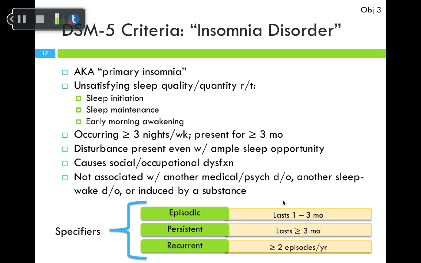They'll say that the disturbance is present even when they have ample sleep opportunity. What that means is that every day of the week, no matter what, they have trouble sleeping or some sort of unsatisfying quality or quantity of sleep. Sometimes people will say that they're having difficulty sleeping Monday through Friday, but then Saturday and Sunday they have no trouble sleeping and everything's fine.